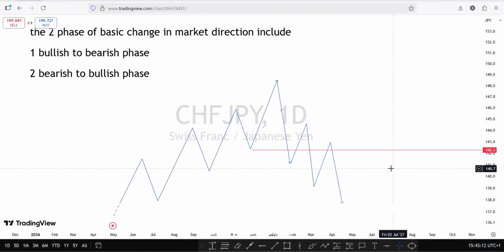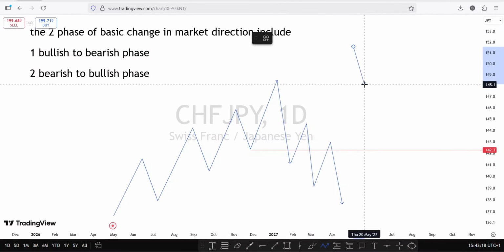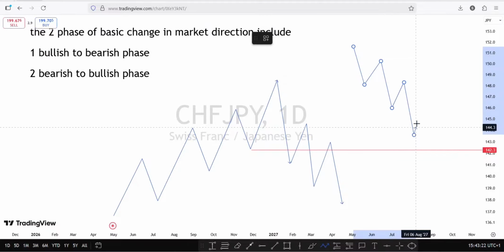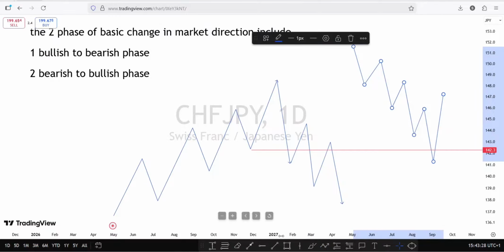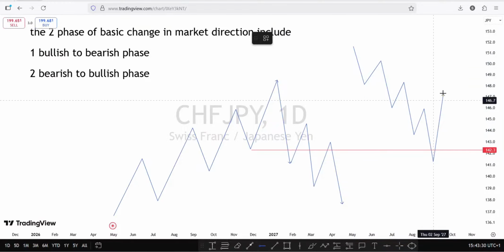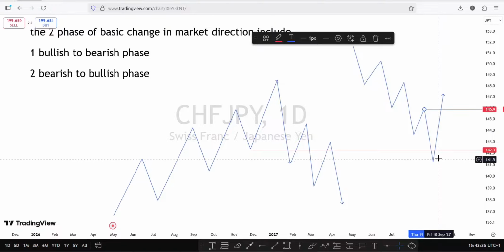It is very simple. The same thing applies to the bearish to bullish phase also, where price was selling to the downside, just like this, and then we saw a push to the upside. Ideally, price was not supposed to take out this high if it wants to continue selling, but now price has taken out this high.